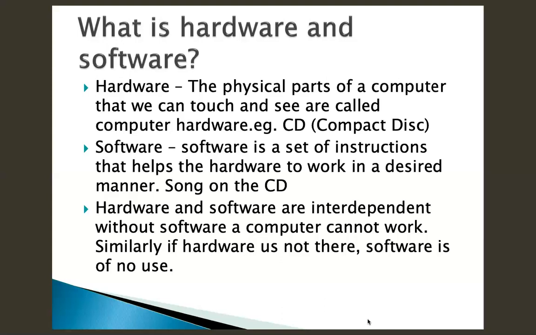What is data and instruction? Your input. The function of a computer: there are three basic functions of a computer: input, process, output. We cannot say process, input, output, because only if there is input, then only it will process, and then only we will get the output.